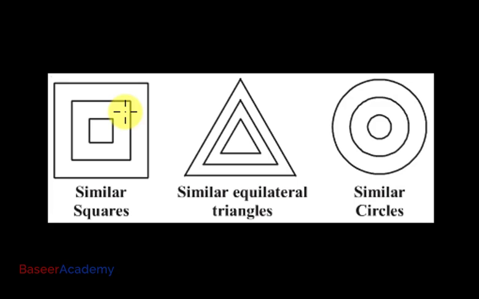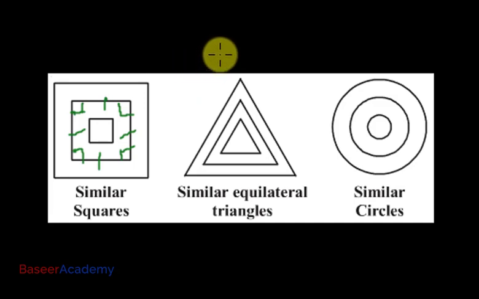Now these squares that you see here, each angle in a square is 90 degrees, right? Each angle in a square is 90 degrees, and all the sides of a square are equal. Such a polygon is also known as a regular polygon.